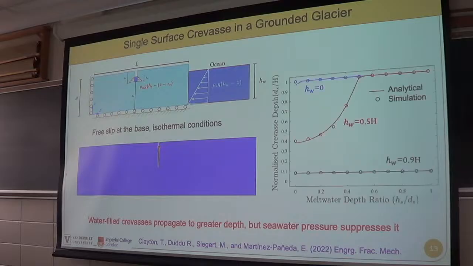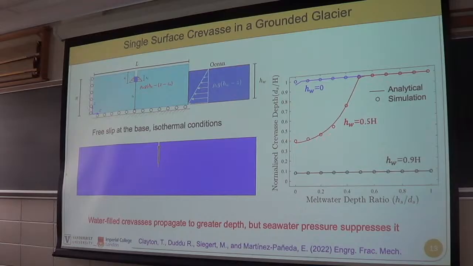And so for that kind of simple case, you have an analytical solution. I have a whole slide with all the equations of the analytical solution, but I just removed it in the interest of time. I can show it to anyone who's interested in the details. The lines are the analytical solution for 3 different cases. One where there is no water height, which means it's like a land-terminating glacier, not in contact with water.